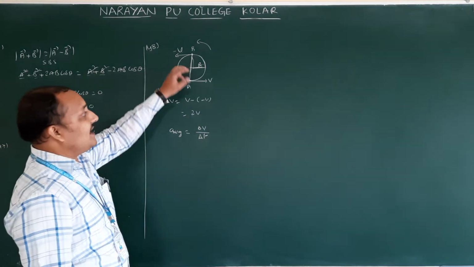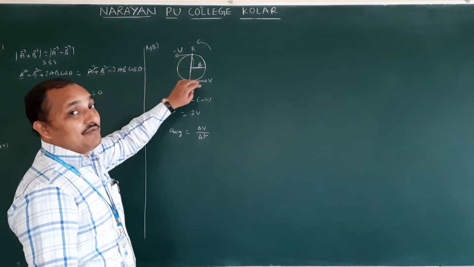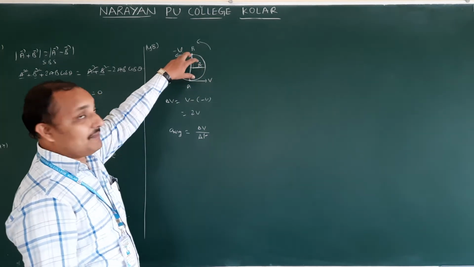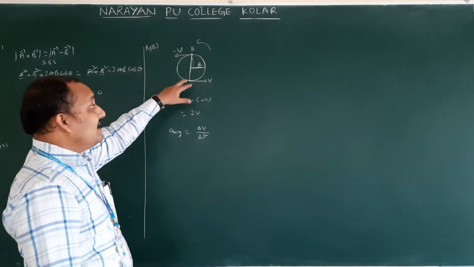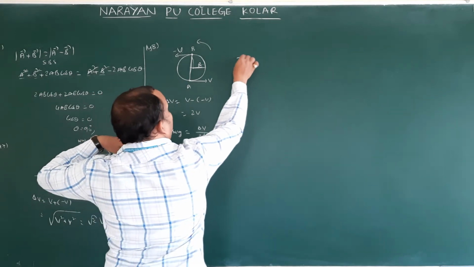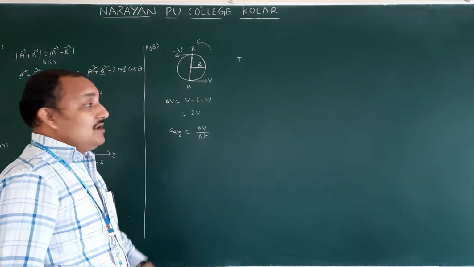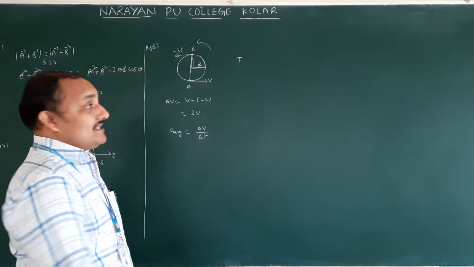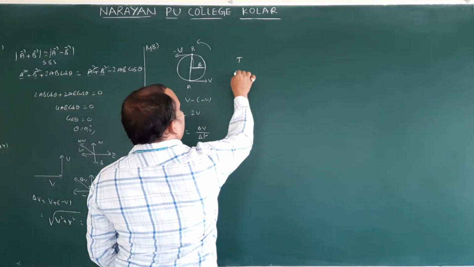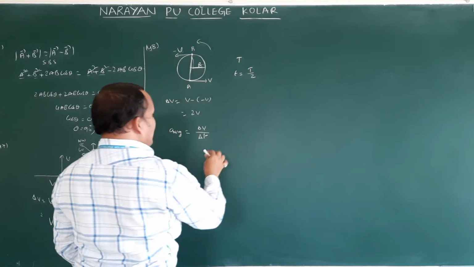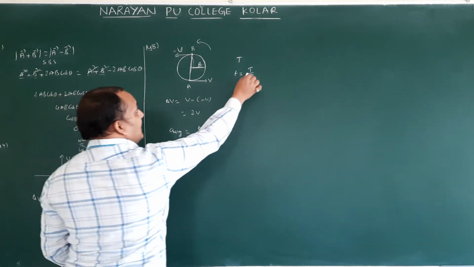How much time does it take to reach from A to B? To complete one circular path, the time taken by the object is capital T. To complete a half circular path, half of this, so t is equal to T by 2. Then delta t is nothing but T by 2.